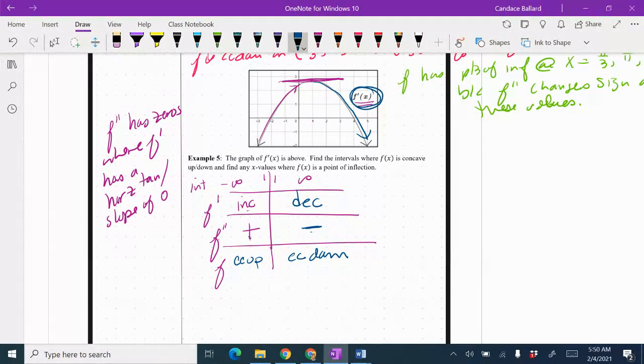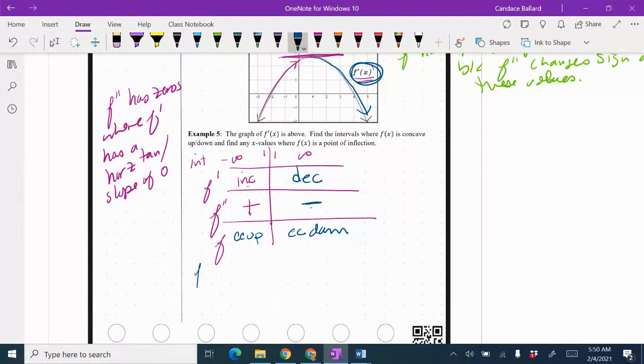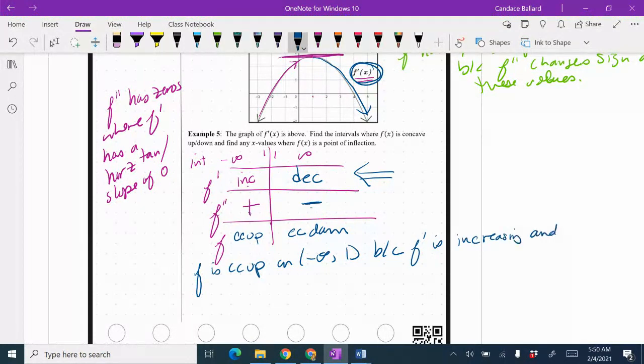So we would say that f is concave up on negative infinity to 1, because technically the information we started with was f prime, so that's what we have to base our answer on. Because f prime is increasing, and to be safe, we could say and f double prime is greater than 0 on this interval.